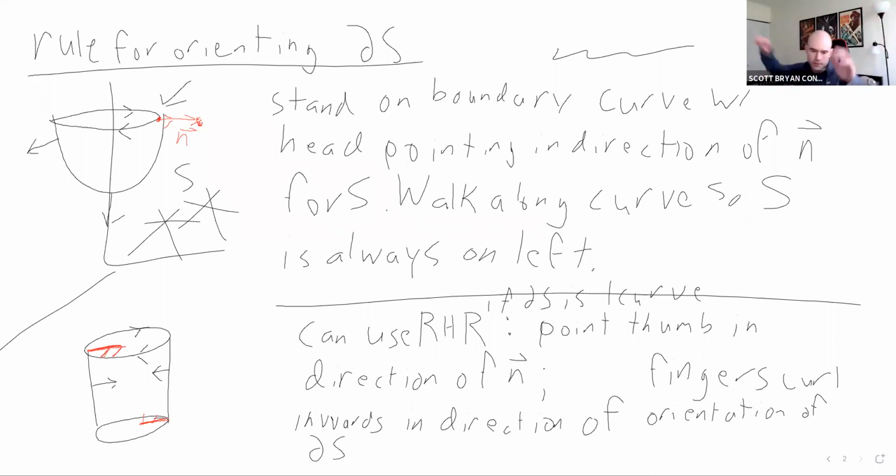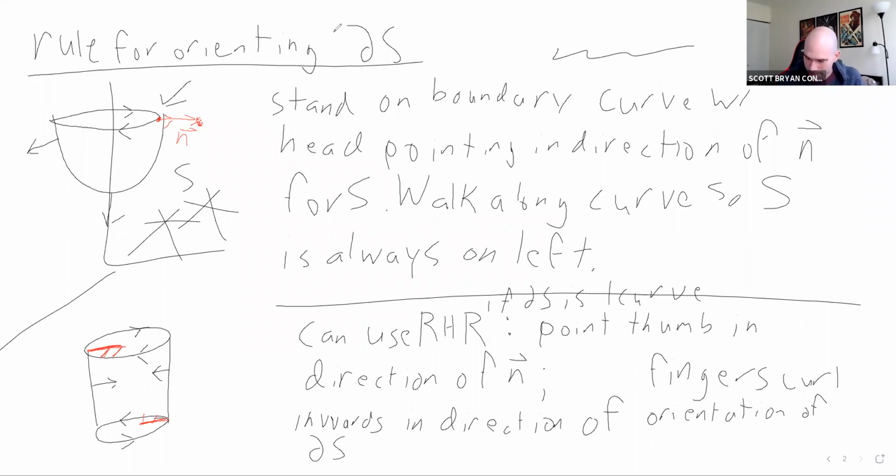And so we're going around in this direction. This may not work for you, but this makes it easier for me to visualize. And so that's the orientation on that. We'll get some practice on this, but I've got to move on.